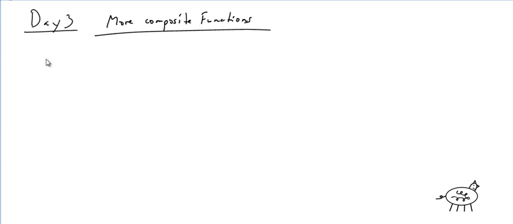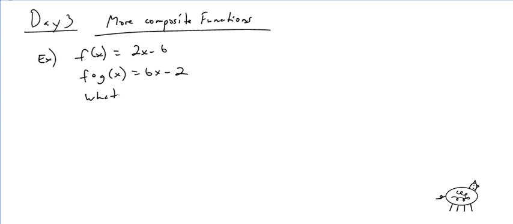Pretty mellow, right? Okay, now I'm going to do, as an example, I can tell you f of x is equal to 2x minus 6. And I'm going to tell you f of g of x, remember, that's another way to write it, equals 6x minus 2. And my question is, what is g of x?